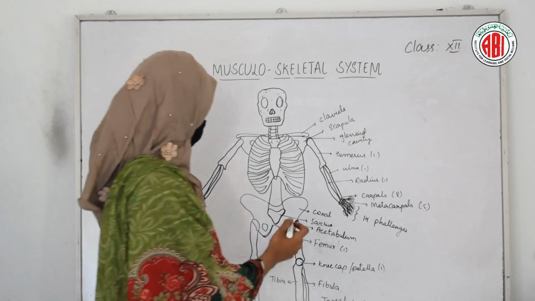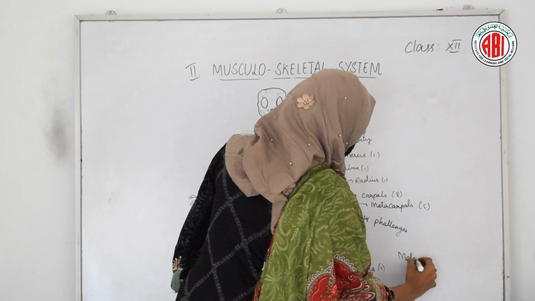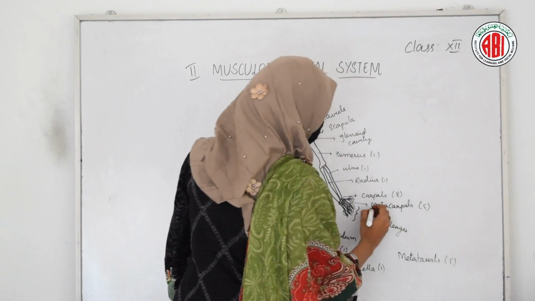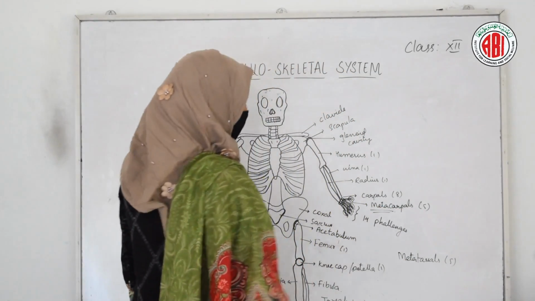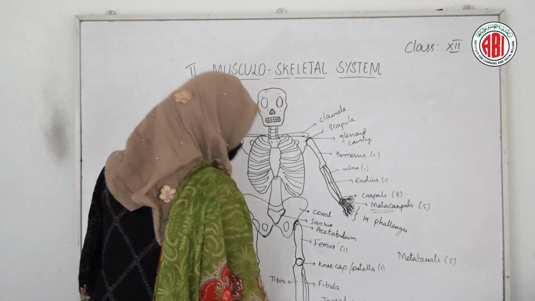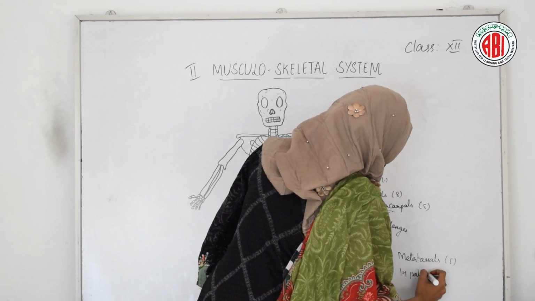Below the tarsals you can find metatarsals, and metatarsals are 5 in number as with metacarpals, and here 14 phalanges are present. Likewise in our legs also 14 phalanges are present.